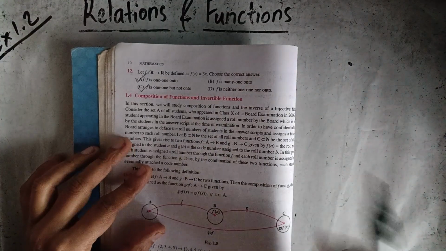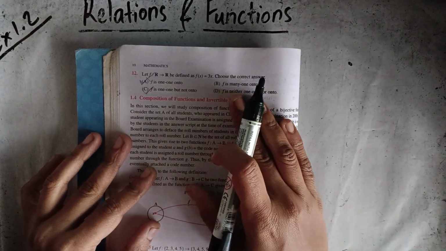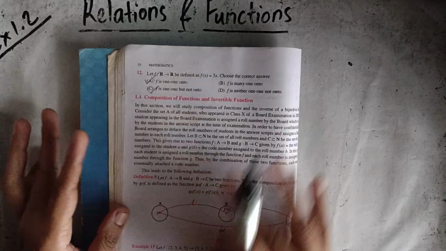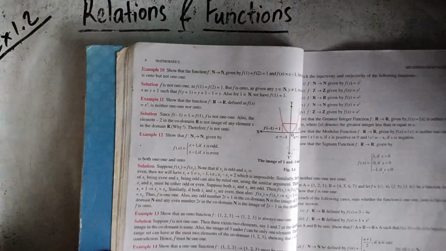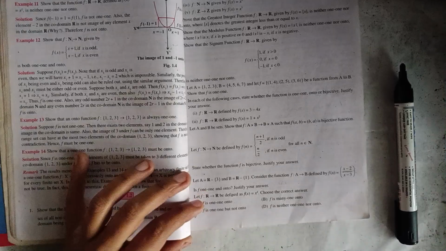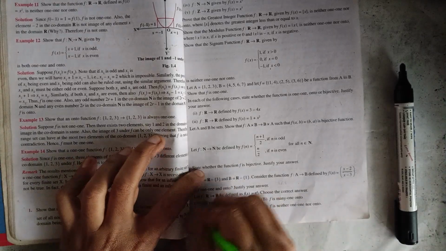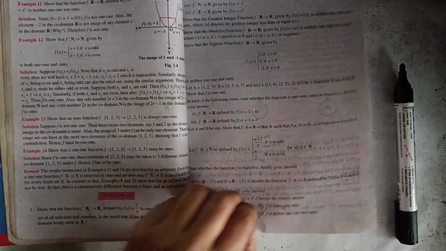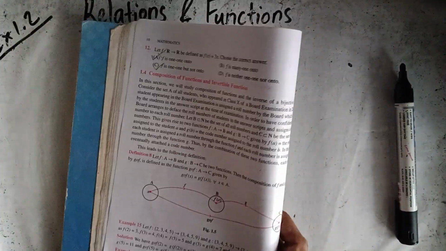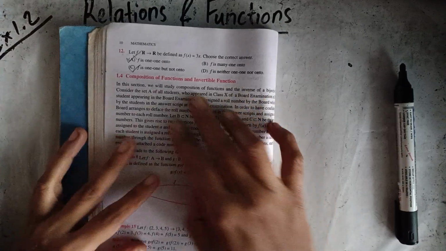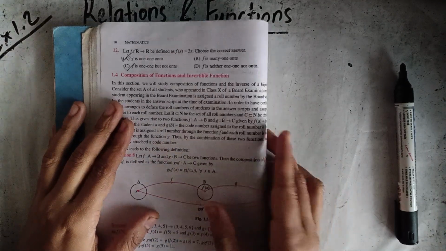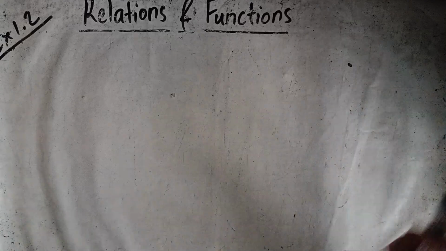Next question is, let f from R to R be defined as f of x equal to 3x. Again you have to check for one-one and onto.